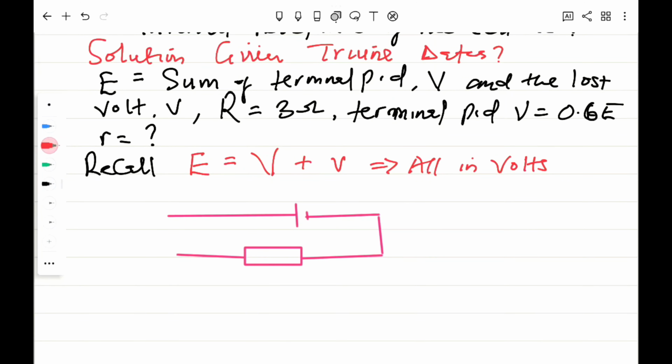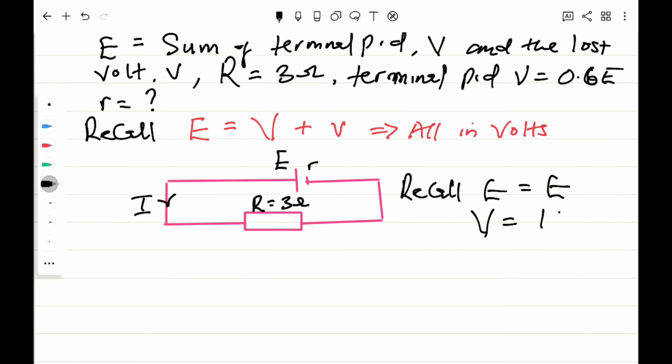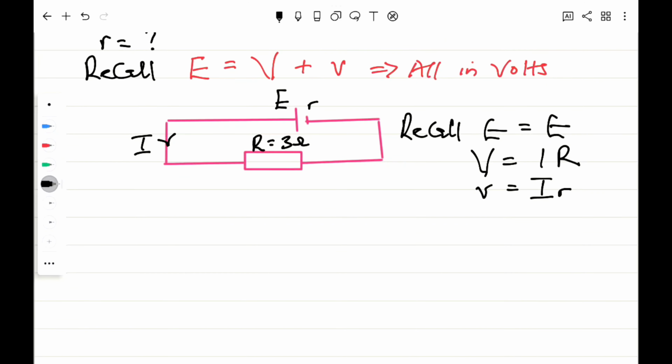If this is our diagram, you see that our external resistance is given to be 3 ohms. Recall that our E is equal to E. Then our V is equal to IR, and our v is equal to Ir. The difference is in the resistance: the external load and the internal resistance.